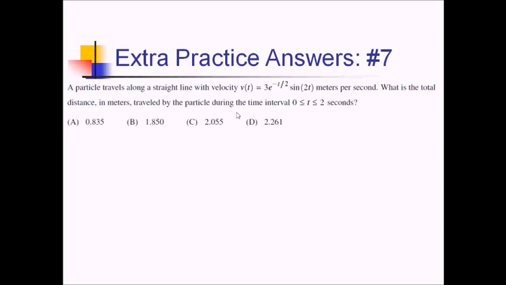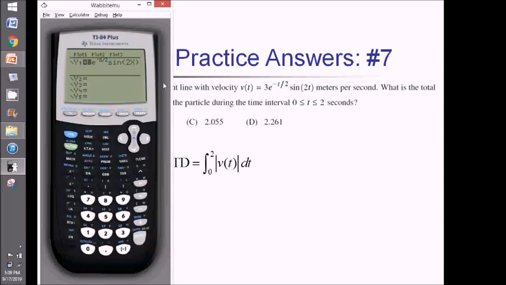On this problem, we have a particle going on a straight line, and its velocity is given by this function here. We want the total distance traveled on the interval from 0 to 2. So total distance is just going to be the integral of the absolute value of velocity from the limits 0 to 2. Let's go ahead and plug this in the calculator. I'm going to start by putting this function in my y equals just to make it a little bit less unwieldy.